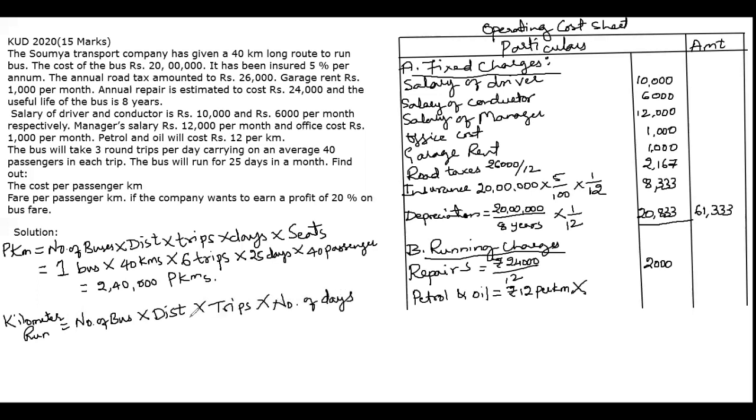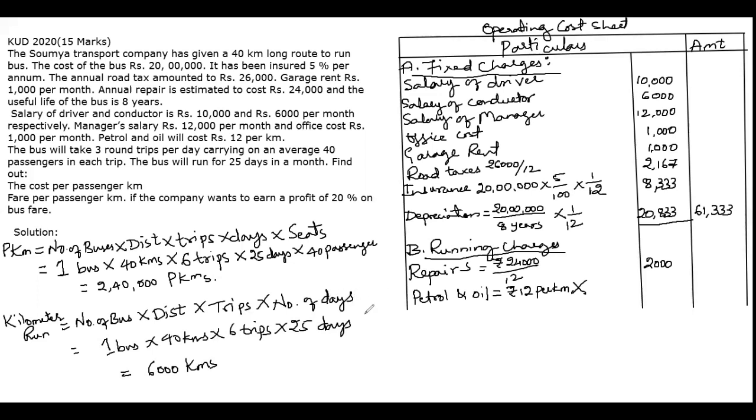Don't take seats and sitting capacity. Number of bus is one bus. Distance 40 kilometers into 6 trips into 25 days. So it comes to 6,000 kilometers. So bus has run 6,000 kilometers.